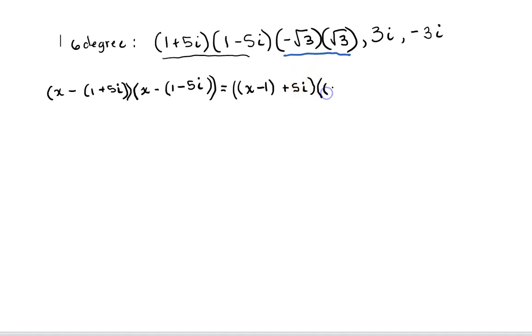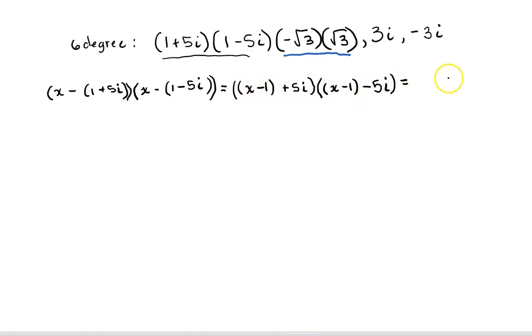So this is going to be, again, an x minus 1, and then this is going to be a minus 5i. If you stop and think about this, it's the case of something I'm going to square, and then this gets squared. So I wind up with the square of this minus the square of this.